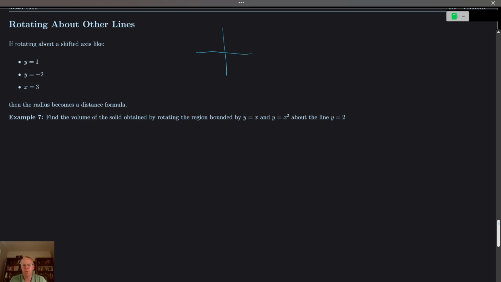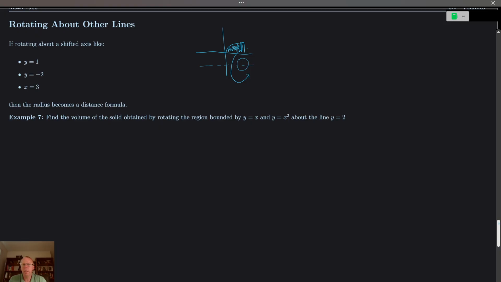So we'll draw something here. So let's say we have this area, and we're going to rotate around this line. So this creates a washer, and we're going to rotate this around this. So we have this gap in here.